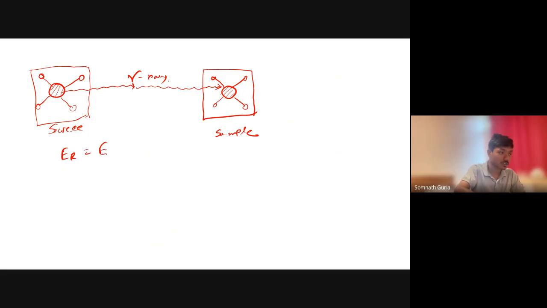One is the translation energy, E translation, plus E of vibration. That is the energy because of the lattice vibration.